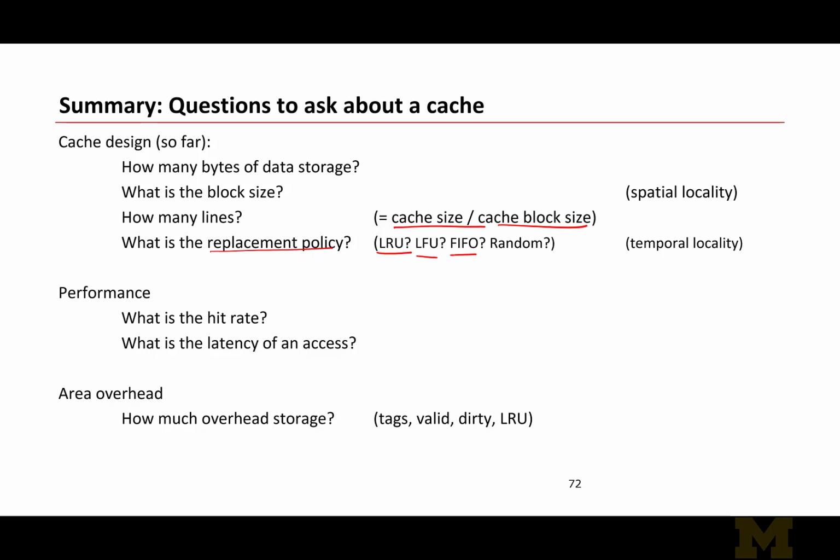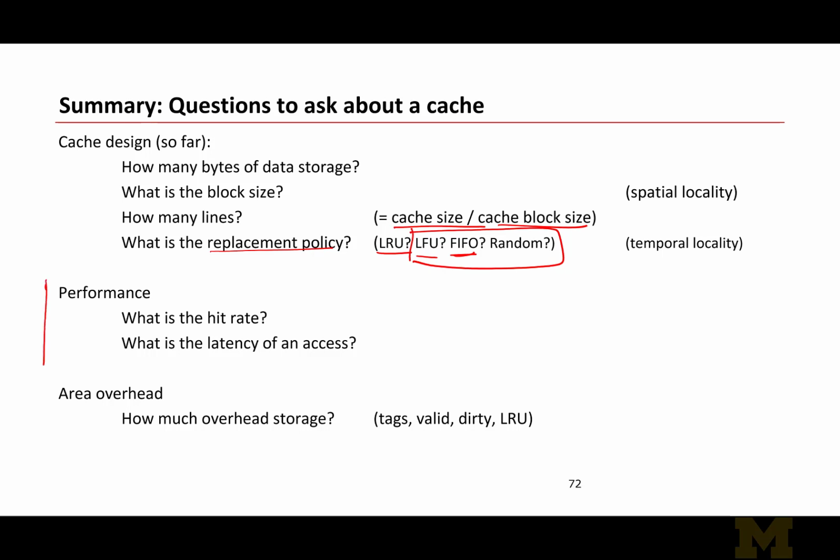The other option is FIFO, meaning first in, first out. The block that you would evict would be the block that got into the cache first. And the other policy is random, just randomly pick a cache block to evict. So none of these policies work very well in practice, but of course you can always define a program for which these would outperform LRU.